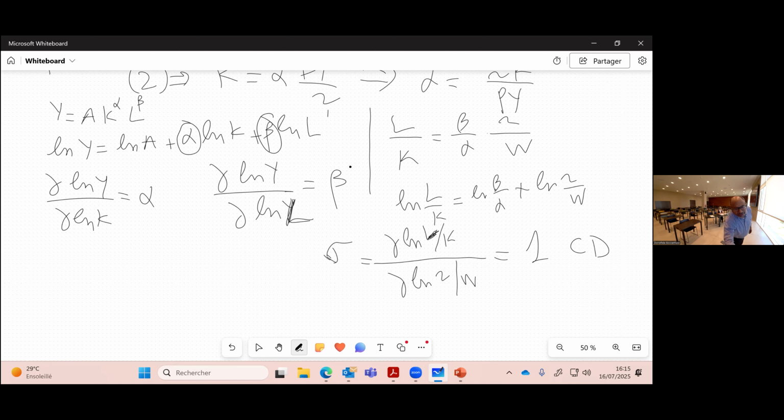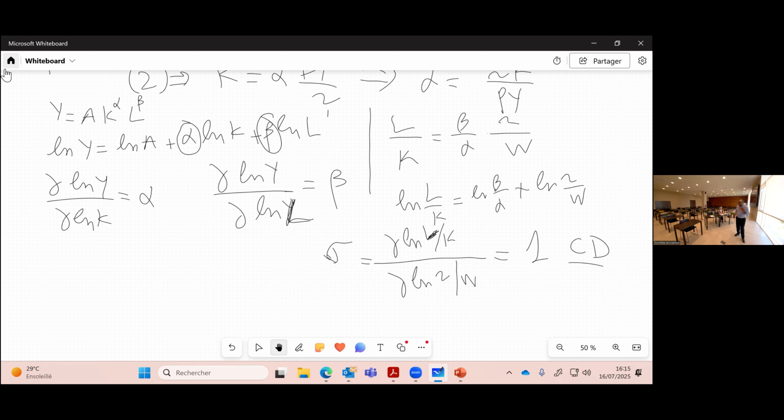What does it mean? This is a mathematical result. What does it mean in economics? If you are using a Cobb-Douglas specification in the model, you are assuming that when the ratio of factor prices, in this situation labor and capital, decreases or increases, the ratio of labor and capital changes by the same percentage, because we are in a derivative of logarithms.